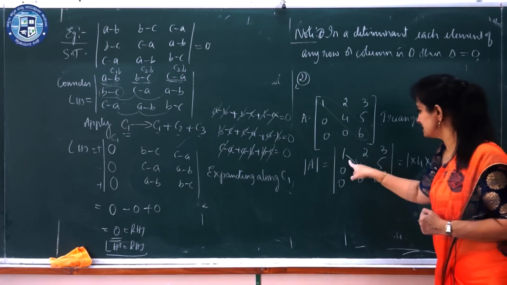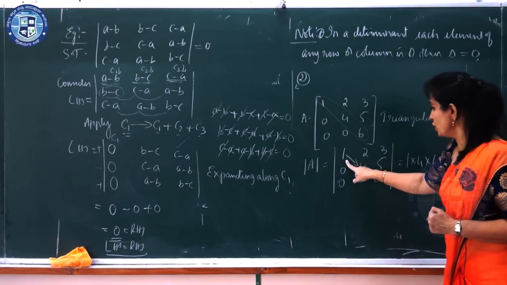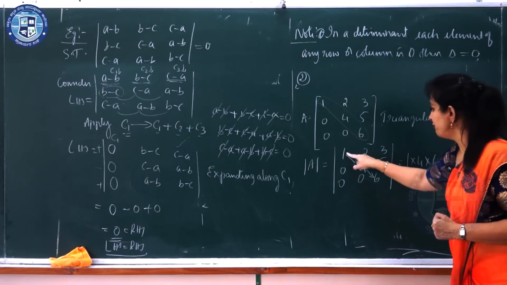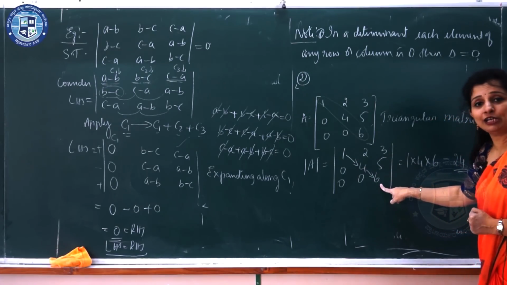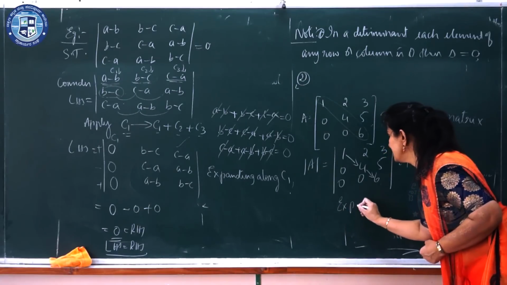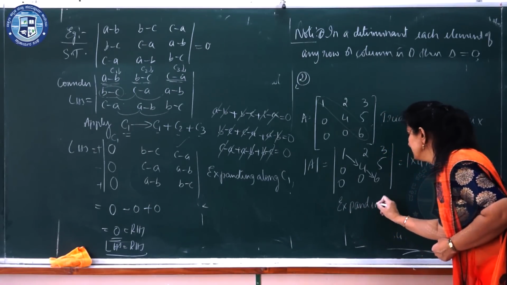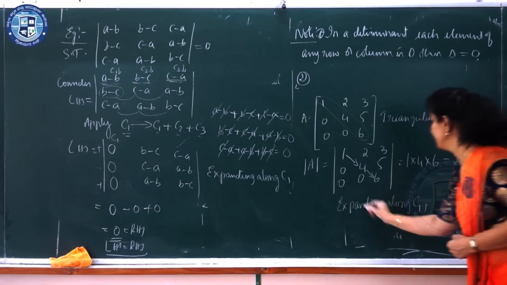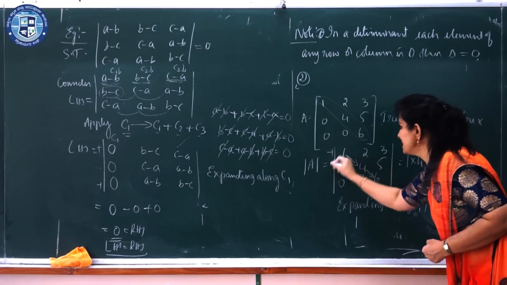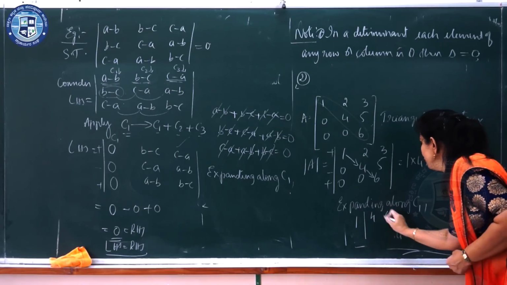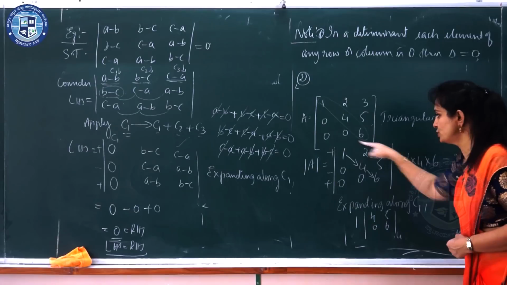How is this? The determinant of a triangular matrix is the product of the values of the principal diagonal. Because when you expand along the first column, with signs plus minus plus, we have 1 into the determinant of 4, 5, 0, 6, eliminating the first row and first column.